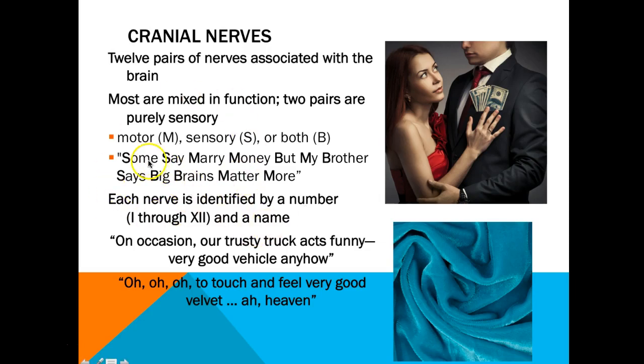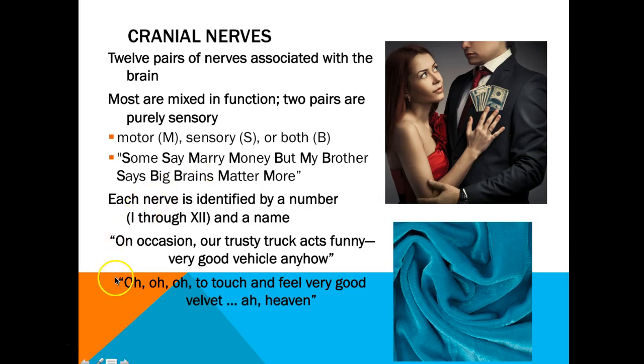And they are numbered based on the number of cranial nerves. So Some would represent cranial nerve number 1, Say would represent cranial nerve number 2, and Marry would represent cranial nerve number 3, and so forth. Whenever we discuss our cranial nerves too, we always utilize Roman numerals when listing them.